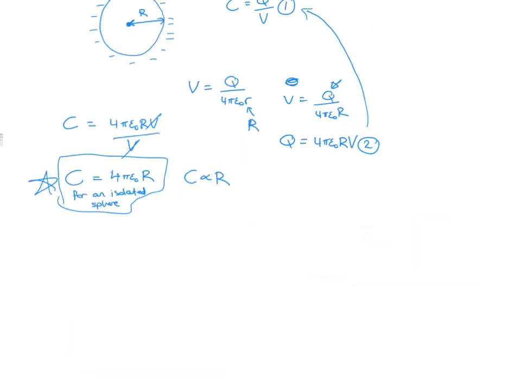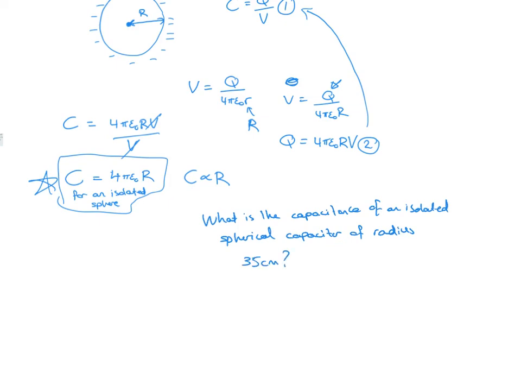Okay, so a very simple question could be, what is the capacitance of an isolated spherical capacitor of radius 35 centimeters. So in this case, we only need the radius. We know that we can use this equation.